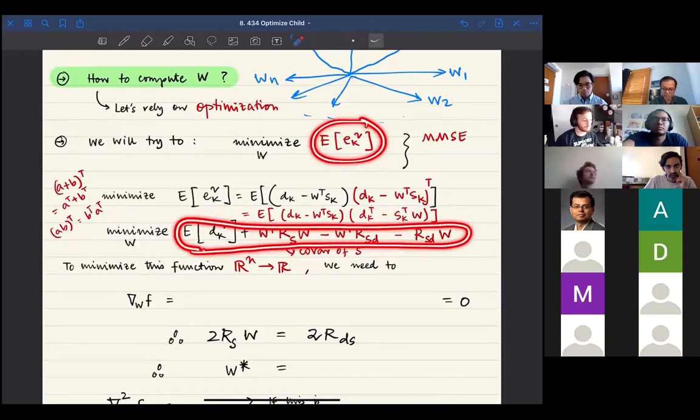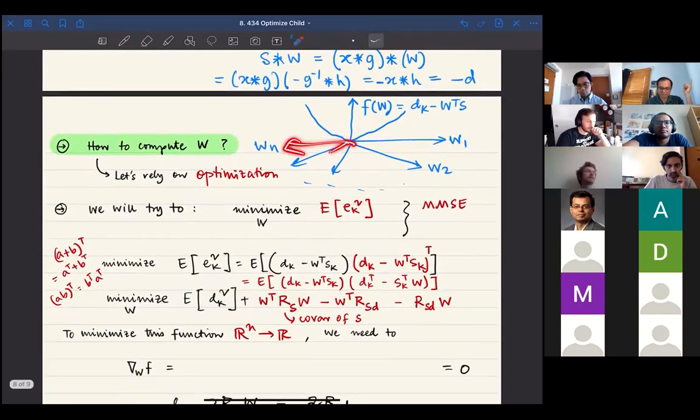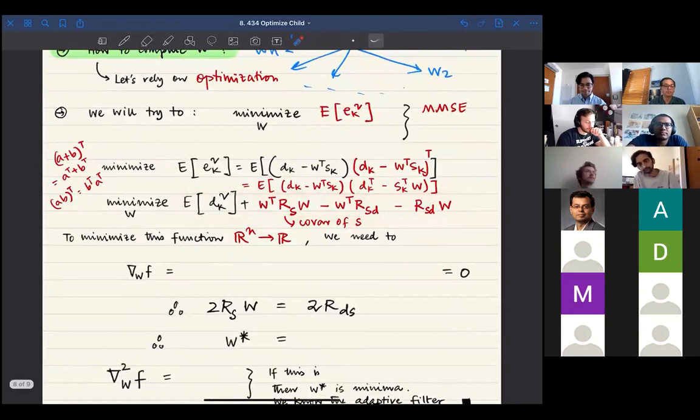But this function is a function of what? What is the domain of that function? W. This function F of W is basically this. So the domain of the function is W. So now what do we need to do to come up with the minima?